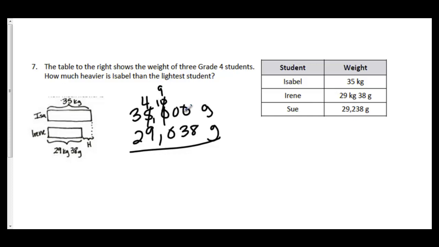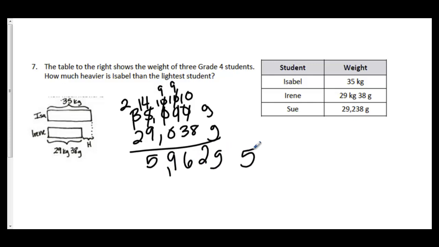I'm going to decompose so that I have 10 tens, and I'm going to decompose that so that I end up with 10 ones that I can subtract. So now I have 2, 6, 9. Oops, I'm going to decompose right here. I didn't look all the way over, did I? So now I've got 14. That's going to give me 5,000. So I've got 5,962 grams, or I can say that that is 5 kilograms, 962 grams.